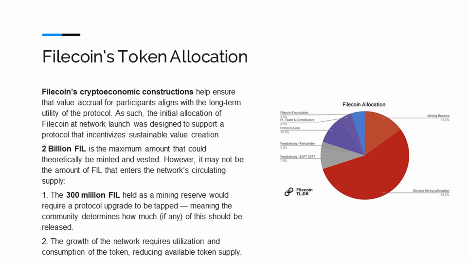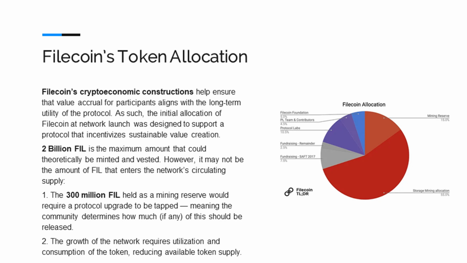The remainder was FIL allocated to SAFT investors, which began vesting in October 2020 over time periods ranging between 6 months and 3 years.